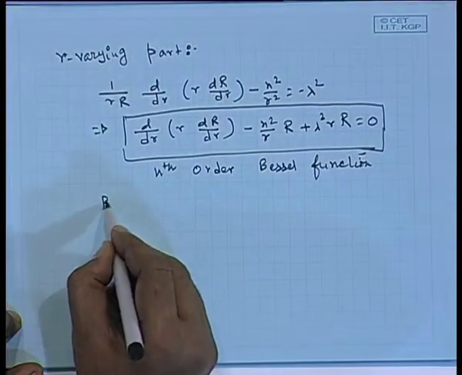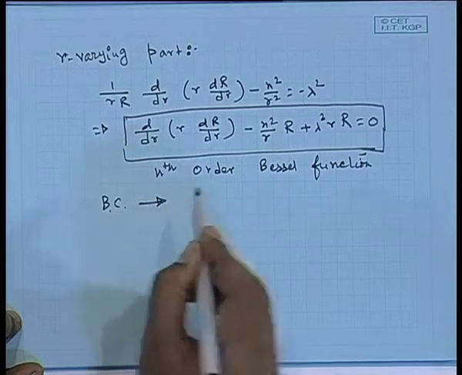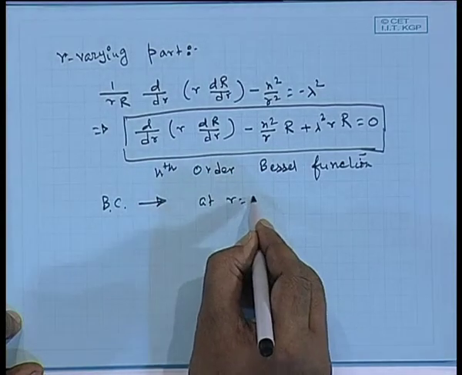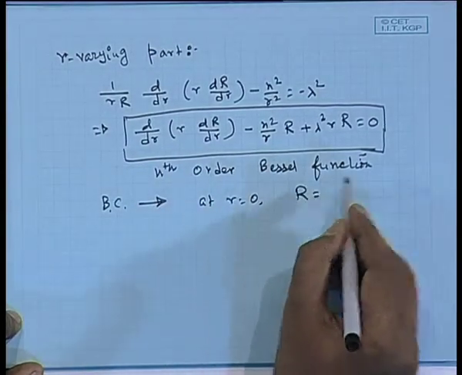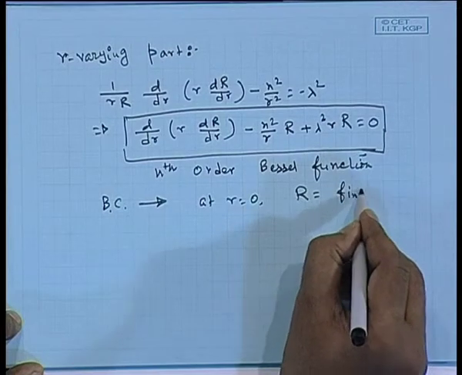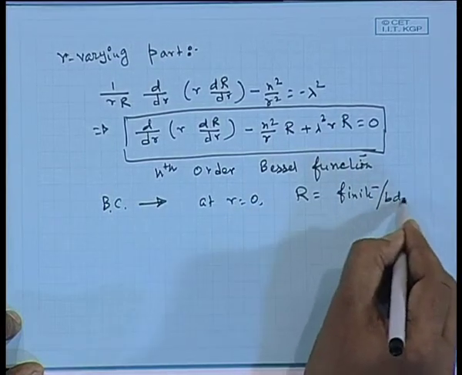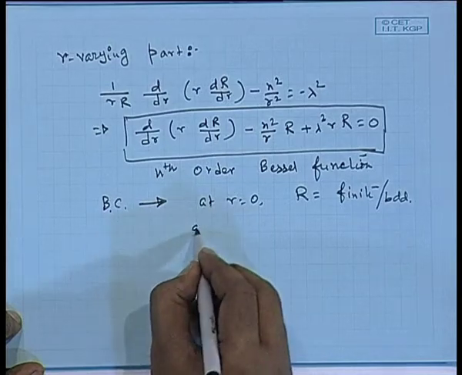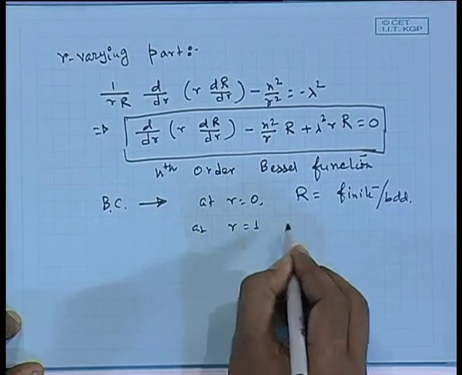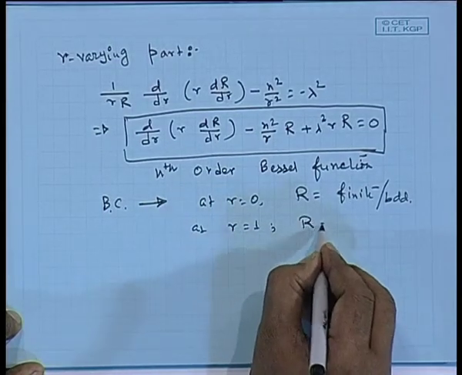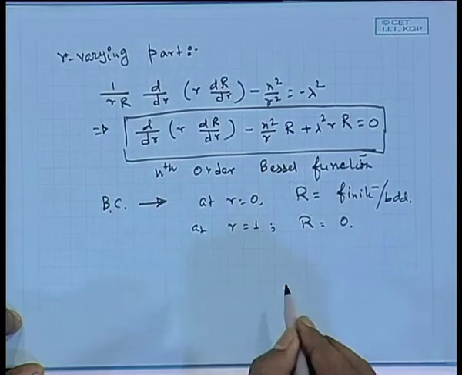Now, the boundary conditions should be satisfied by the boundary conditions of the original problem: at r equal to 0, your capital R is finite or bounded, both are the same thing, and at r equal to 1, your capital R is equal to 0.